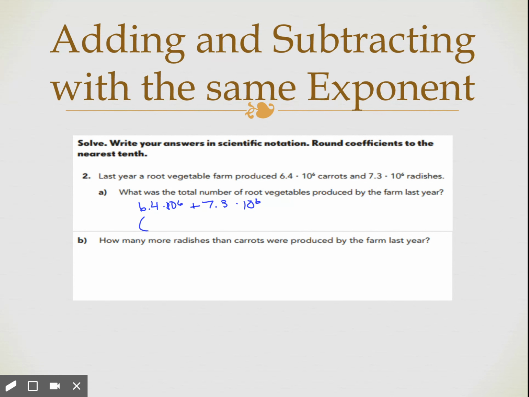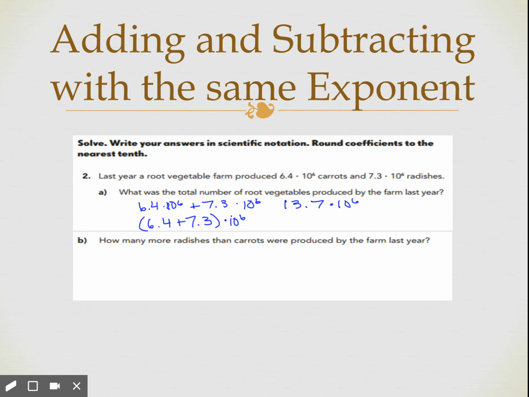I'm going to use my distributive property, 6.4 plus 7.3, all times 10 to the 6. 6.4 plus 7.3 would be 13.7 times 10 to the 6.